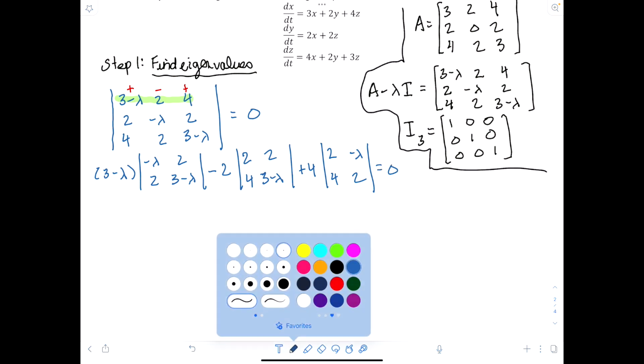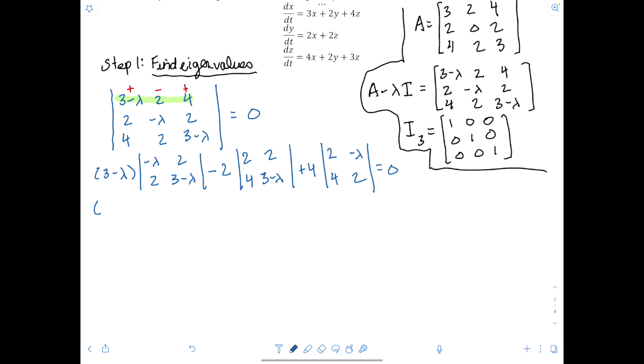So we will have 3 minus lambda times negative lambda times 3 minus lambda. Remember, we multiply the main diagonal, and then we subtract the product of the other diagonal to find the 2 by 2 determinant.